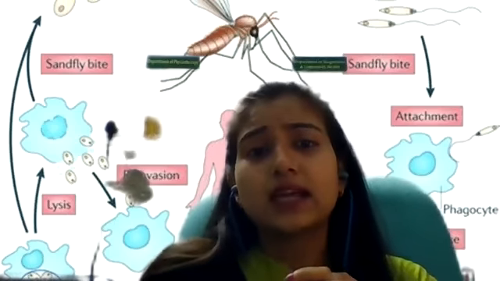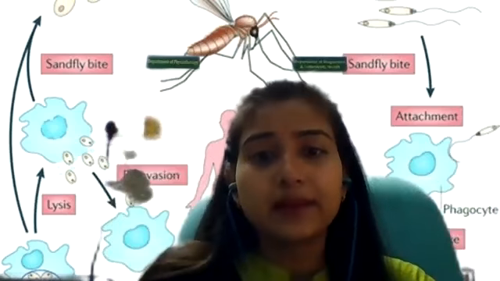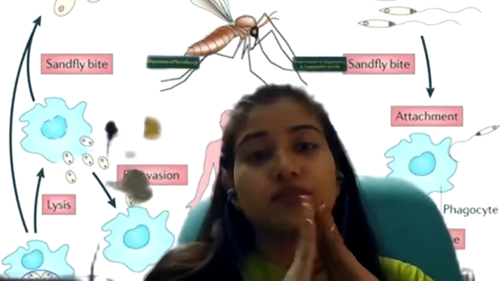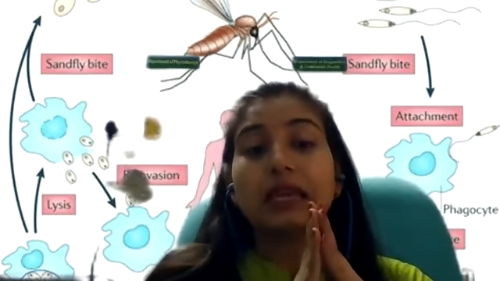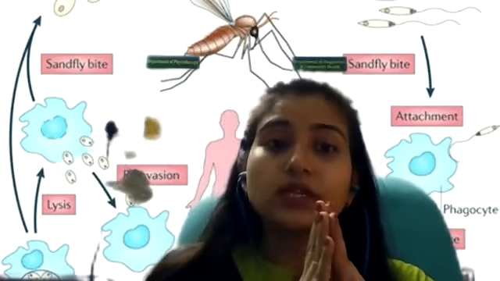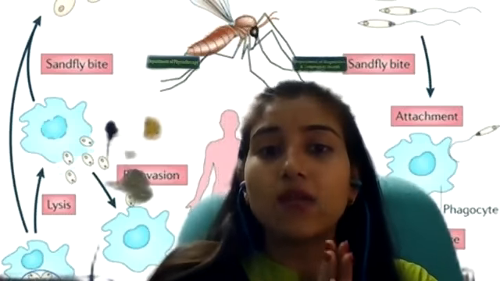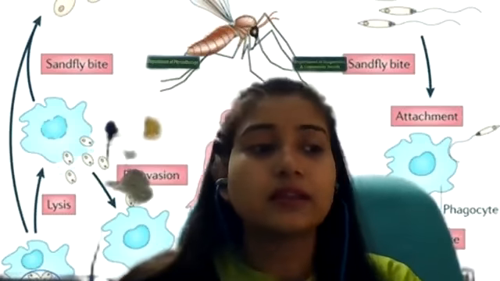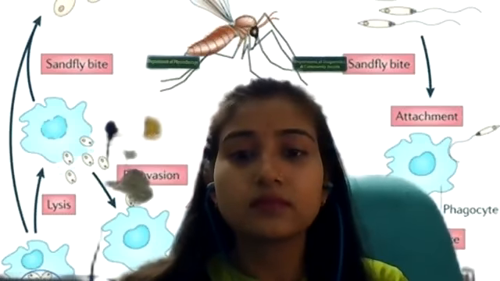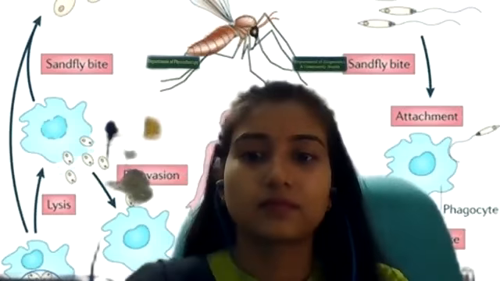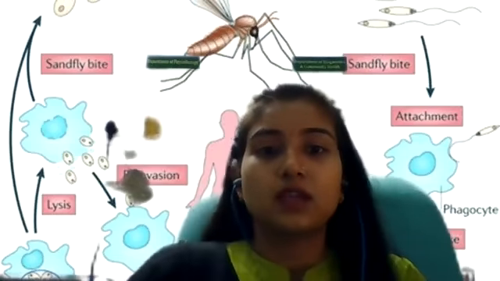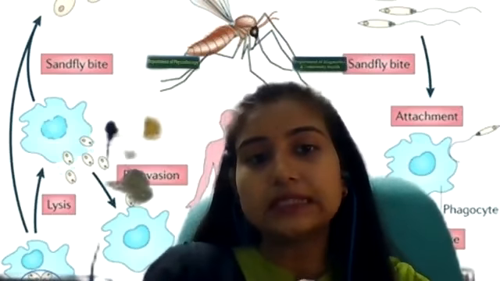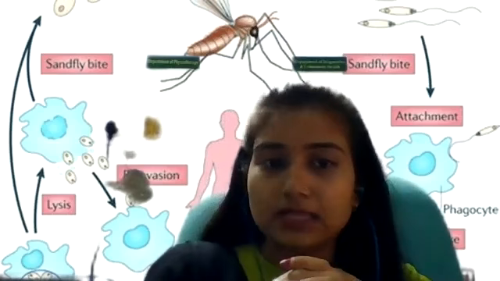Humans and other mammalian hosts multiply within macrophages, in which they occur exclusively in the amastigote form, having an ovoid body containing a nucleus and kinetoplast.